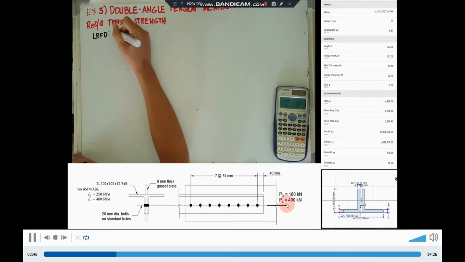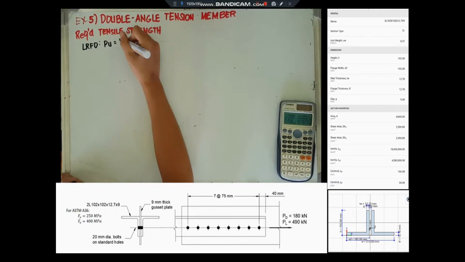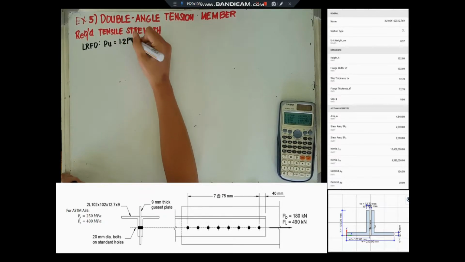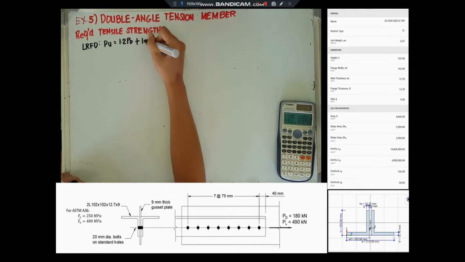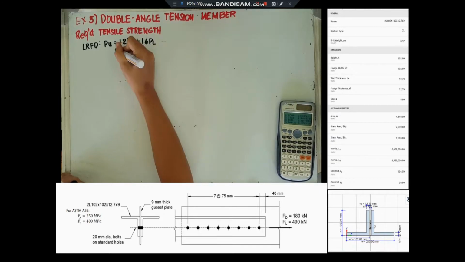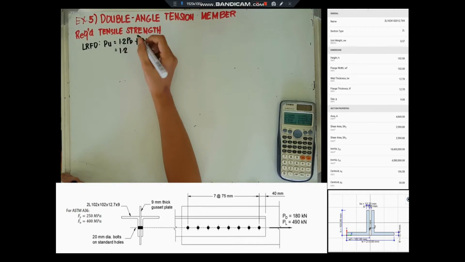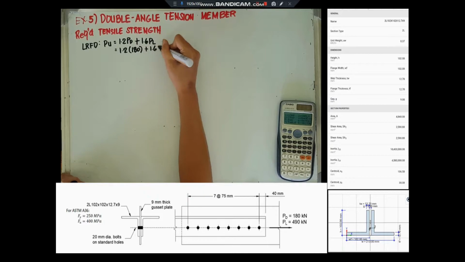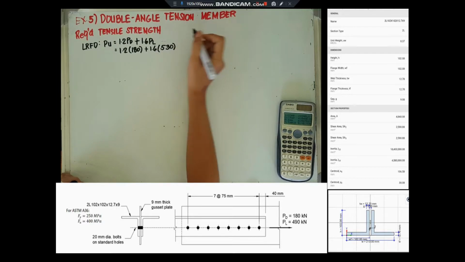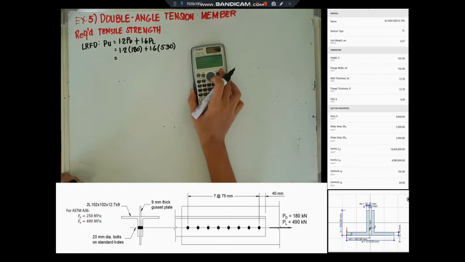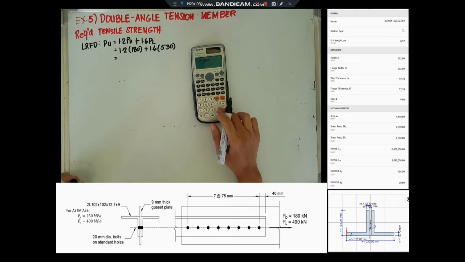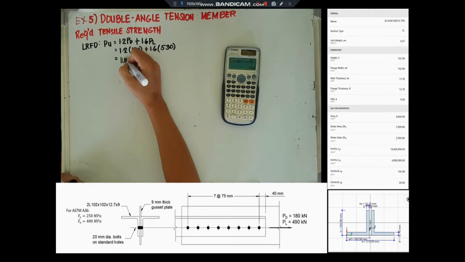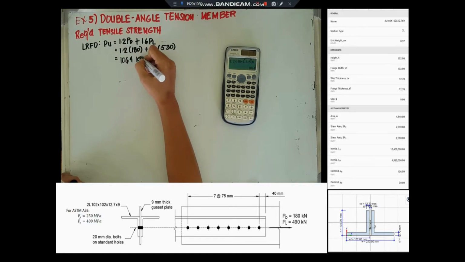So we'll try to solve the required tensile strength using LRFD. PU is equal to 1.2 the dead load plus 1.6 of live load. So our PU would now be equal to 1064 kilonewton.